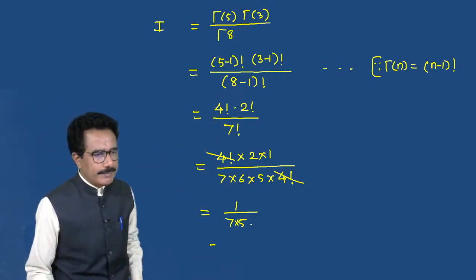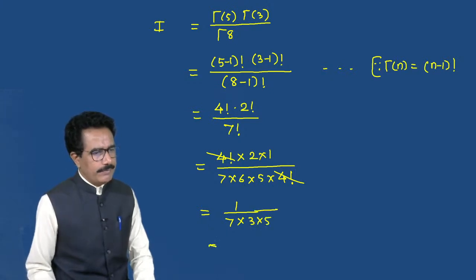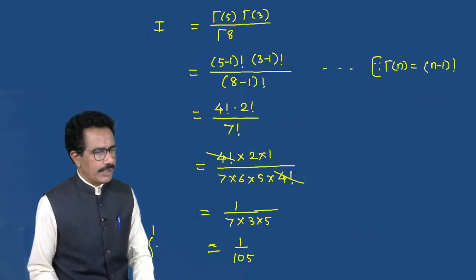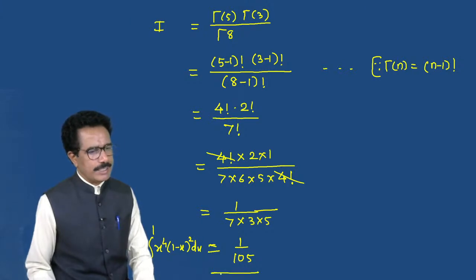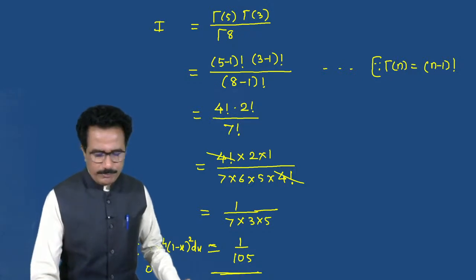So it will be 7 into 6 into 2 म्हणजे 3 into 5. That will be 105. Is it okay? So integral from 0 to 1, x raised to 4, 1 minus x raised to 2 dx gives a result 1 divided by 105. Okay. So now we move towards the next problem, second problem.